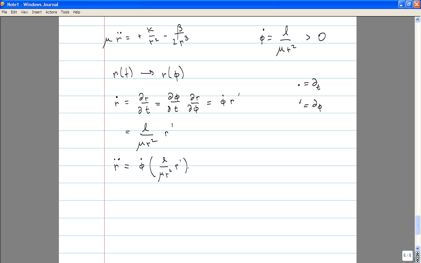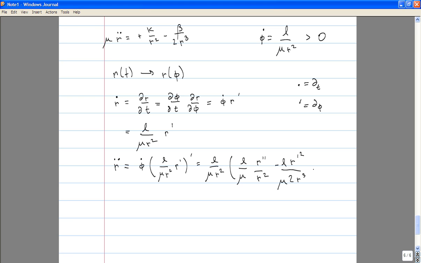So L over mu r squared times L over mu, r double prime over r squared minus r prime squared times 2 over r cubed.